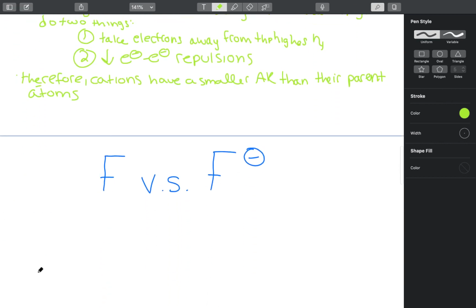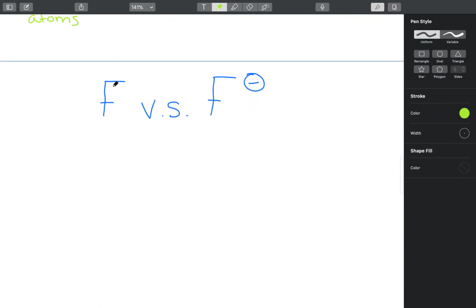So now let's look at an anion, and here we have fluorine and fluoride. And remember, this is an anion, and that's just a negatively charged atom where we add electrons to the atom. So let's write the electron configurations of both of these.